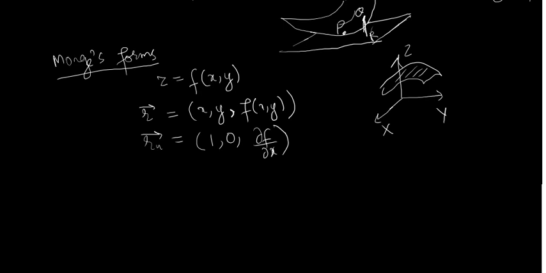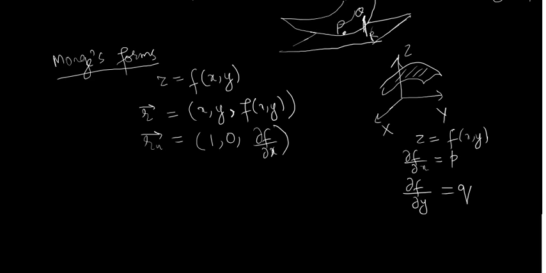When we write z is equal to f of x, y, then del z by del x, or del f by del x, is usually denoted by, now it's a convention, p. Similarly, del f by del y we denote by q. It's the usual practice.